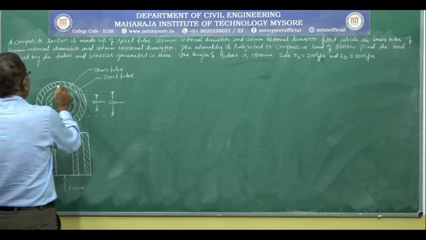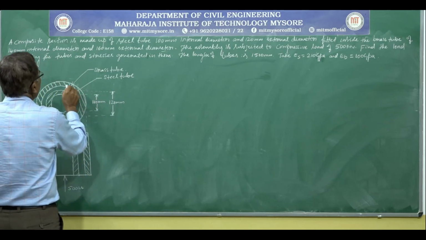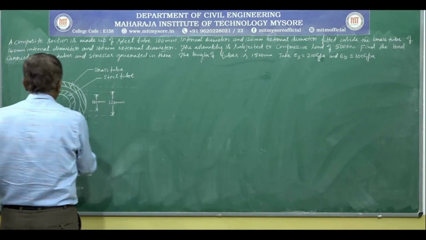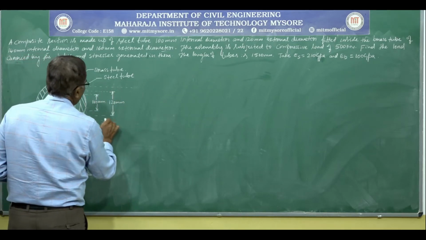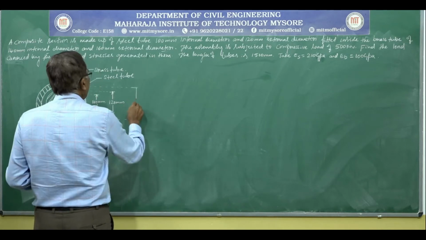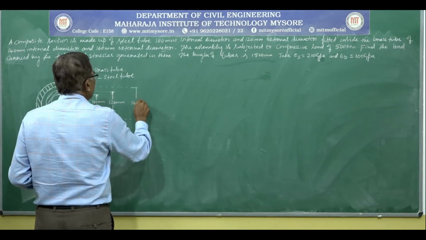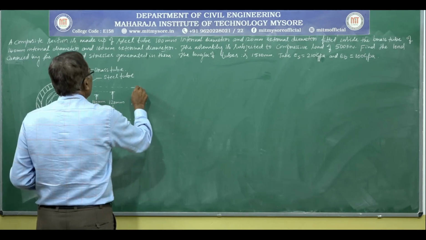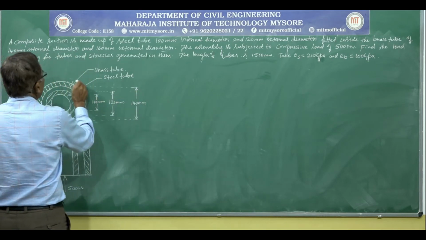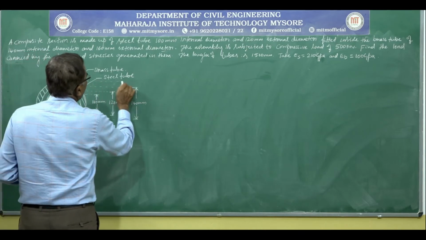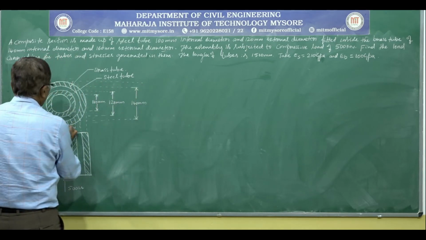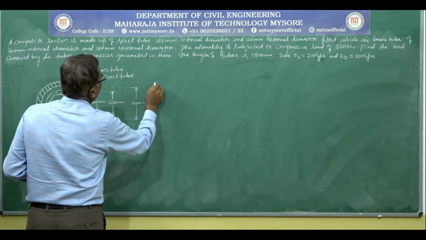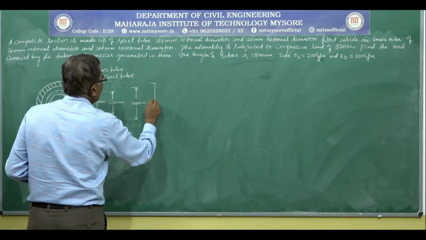Next, internal diameter of the brass tube is 140 millimeter. And the external diameter of the brass tube is 160 millimeter.